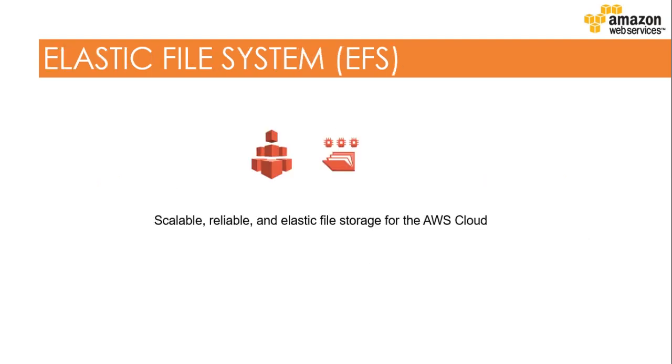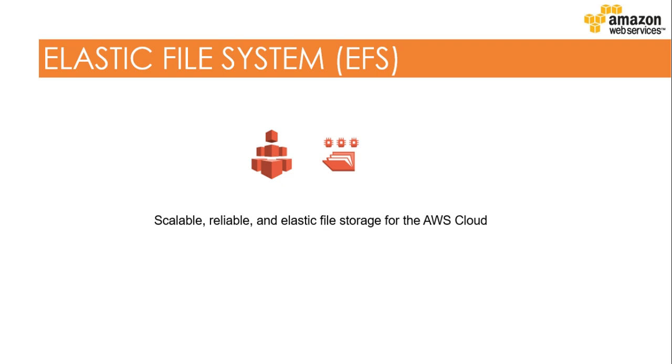The next service we have is Elastic File System, EFS: scalable, reliable, and elastic file storage for the AWS cloud. The benefit of EFS is that as your file size increases, the capacity of your volume increases, and once you remove files, it automatically releases that storage. You only pay for whatever you utilize, and the rest it maintains.